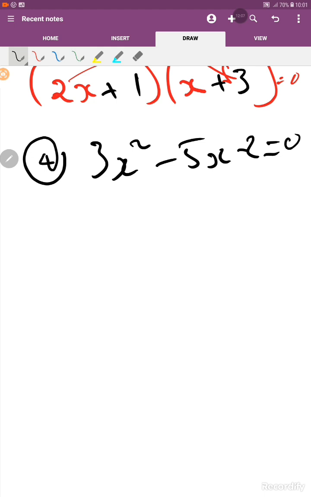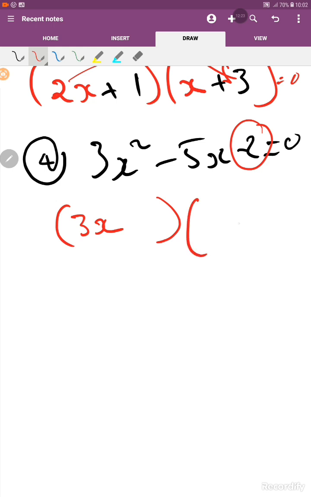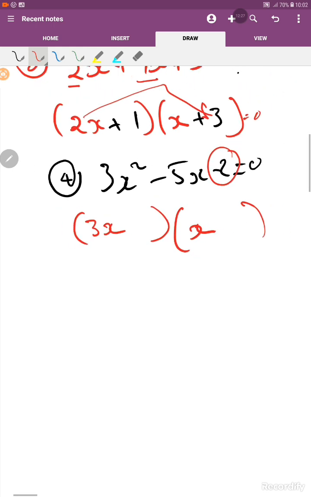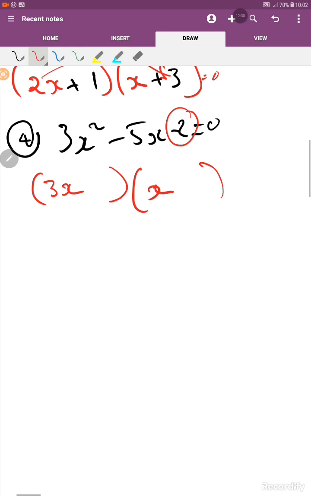So on this one, as I explained before, because of 3x squared, we are going to focus on the common factors of negative 2. So we are going to open brackets and put 3x, then close bracket, then open bracket, put x, then close bracket.